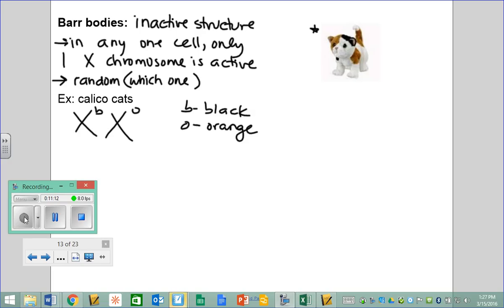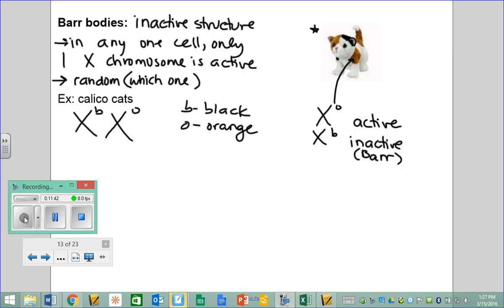Now, since there are two copies of the X chromosome, only one of them will be active in a particular cell. So if I were to look at a calico cat and I were to see the orange spot, I would say that that X chromosome was the one that was active, and the other one was inactive, so it was the bar body.